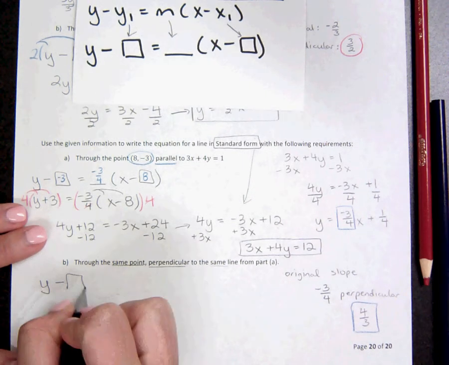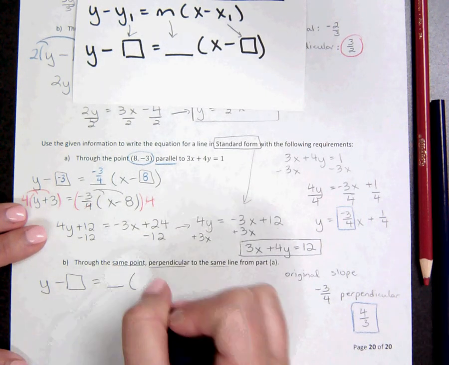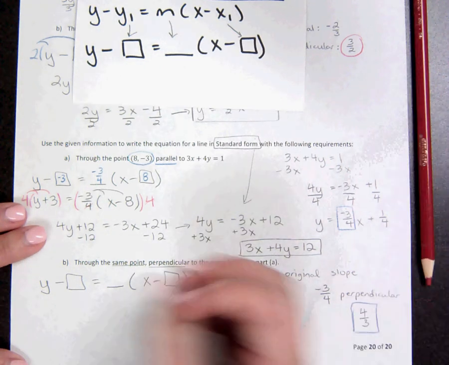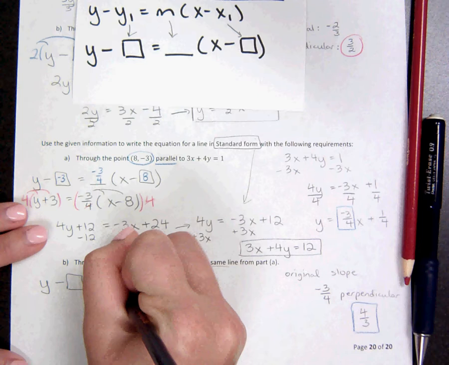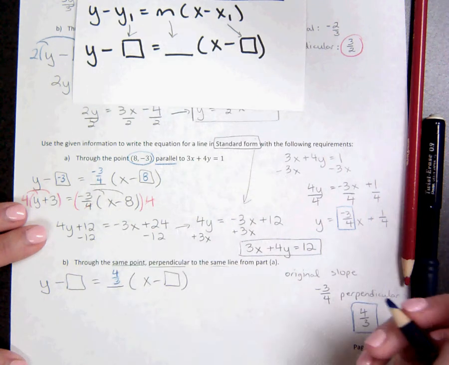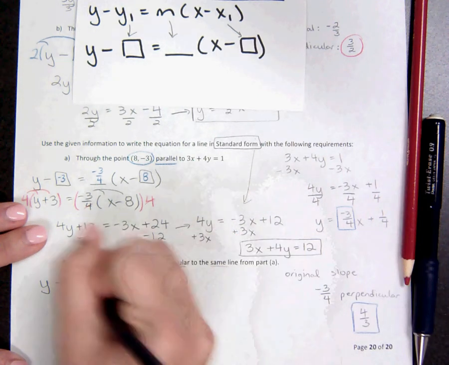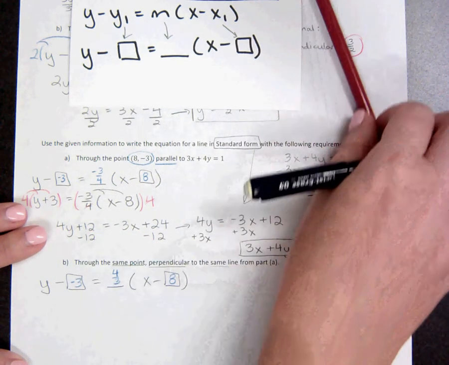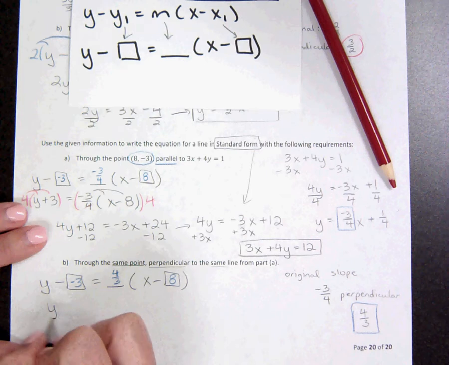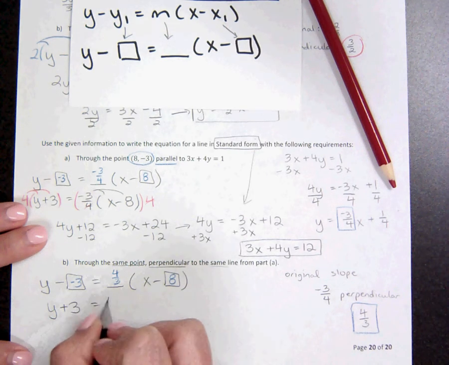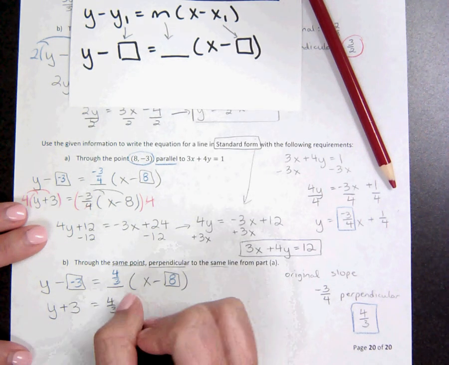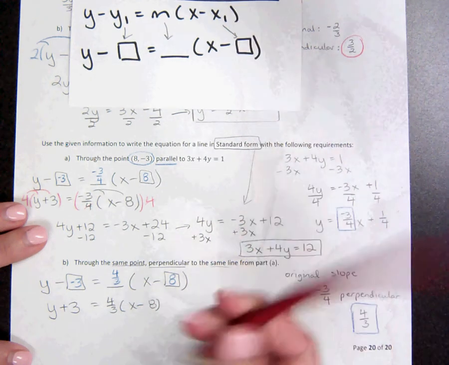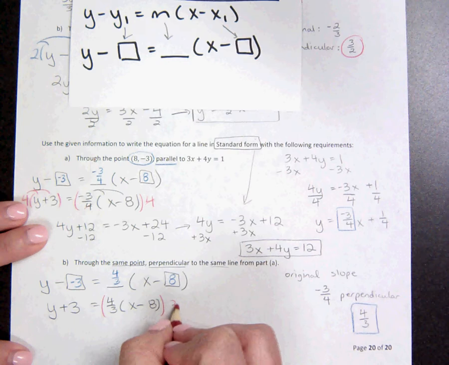So I have y minus box equals blank times x minus box. My new slope, my perpendicular slope, is 4/3. My x value is 8. My y value is negative 3. So that's going to give me y plus 3 equals 4/3 times x minus 8. I want to get rid of that fraction as soon as I can, so I'm going to multiply both sides by 3.